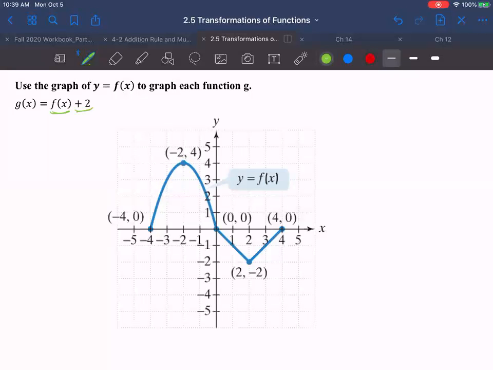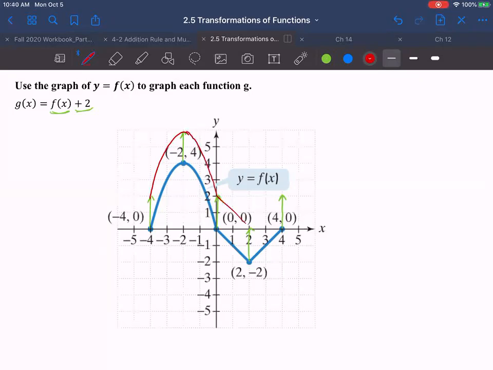So all I'm going to do here for this one to regraph it is I'm simply going to move everything up 2. So I'm going to take some of these key points that I know for sure, and I'm going to just shift them all up by 2, just like that. And then I'm going to go through and redraw the graph. So I have this curvy part right here. That's that little upside down looking parabola.